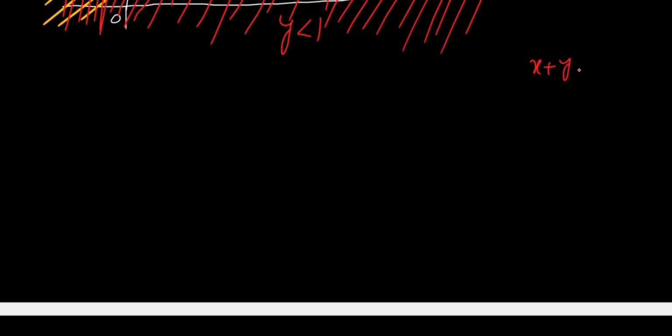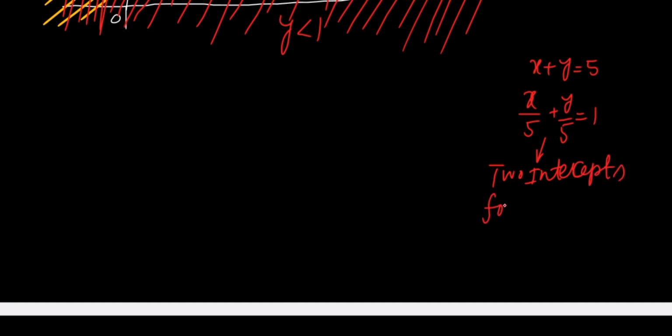Here the boundary line is x plus y equal to 5. We divide on both sides by 5. We have x over 5 plus y over 5 equal to 1. This shows the two intercept form of a line.